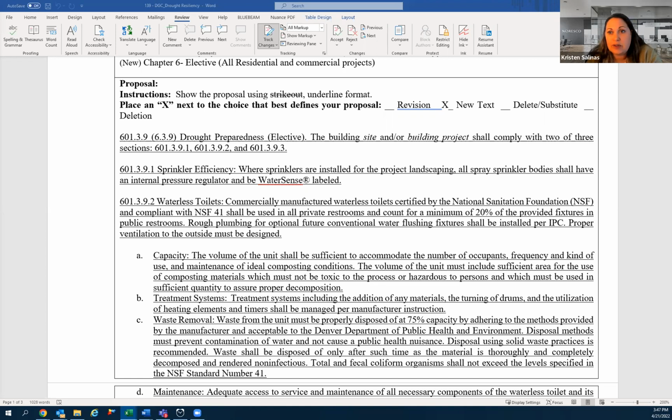So although this is kind of a smattering of a bunch of different things, we really were trying to get at every little ounce of water efficiency that we could that weren't already addressed in other proposals or in DGC already.